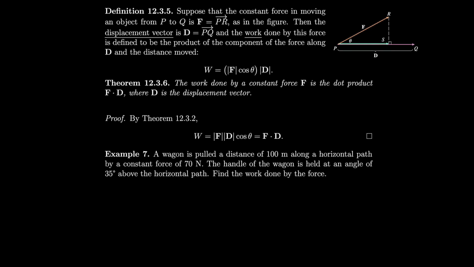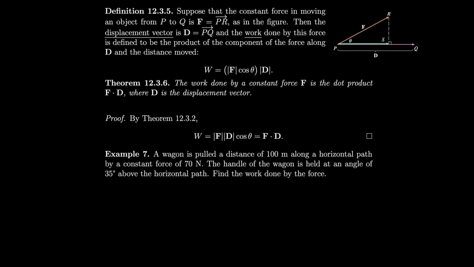Suppose that the constant force in moving an object from P to Q is a vector F equals PR, as in our figure. So then the displacement vector is D equals PQ. That's this guy. And the work done by this force is defined to be the product of the component of the force along D and the distance moved.